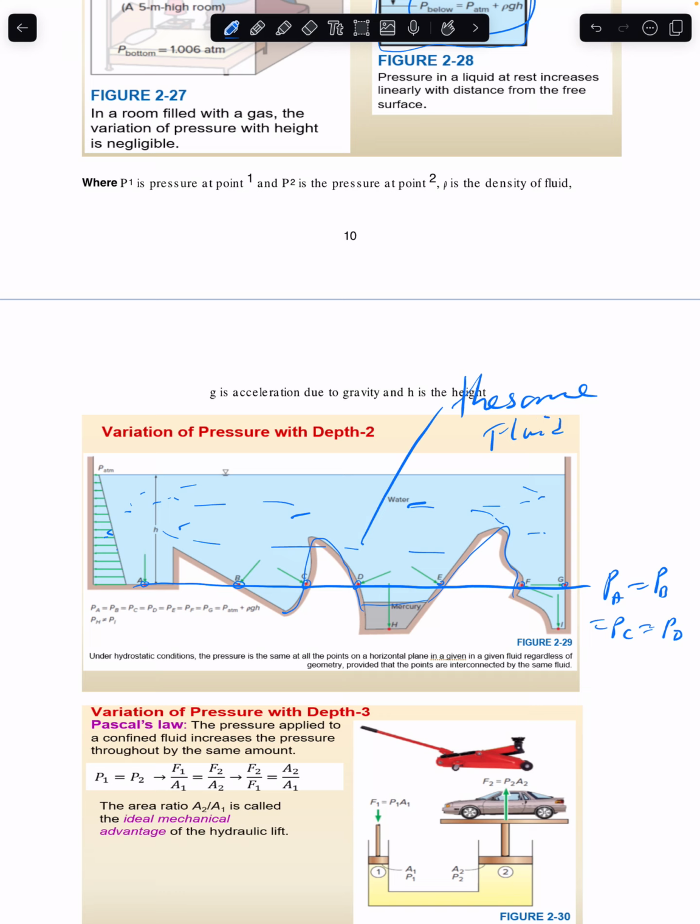fluid. If we have a different fluid like mercury here, the pressure difference is going to be different for this point and this point. So PH is not equal to PI because the fluid here is different.